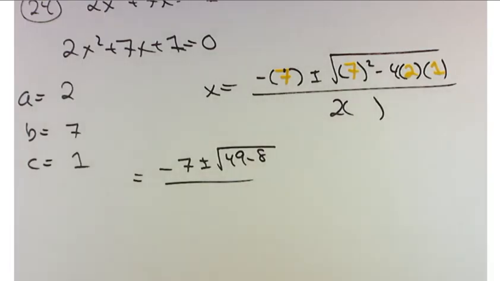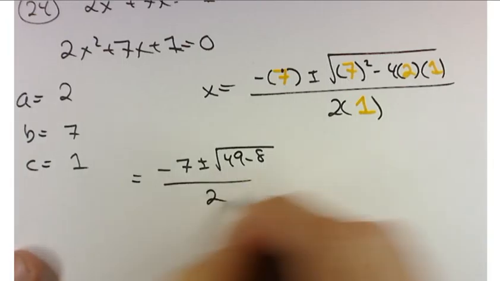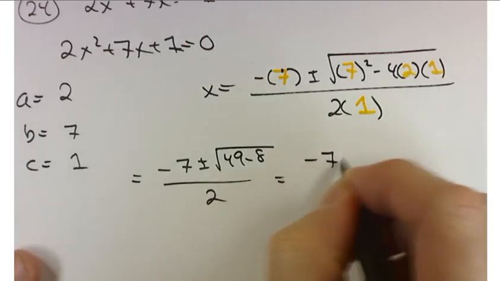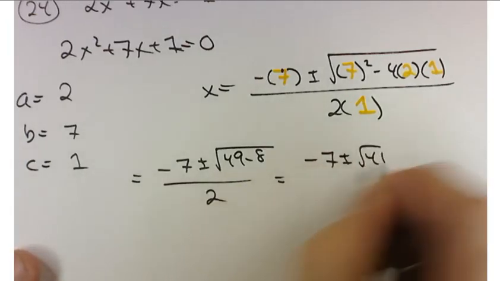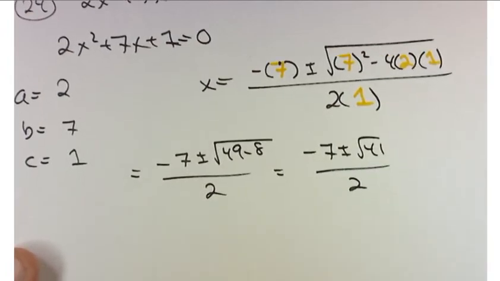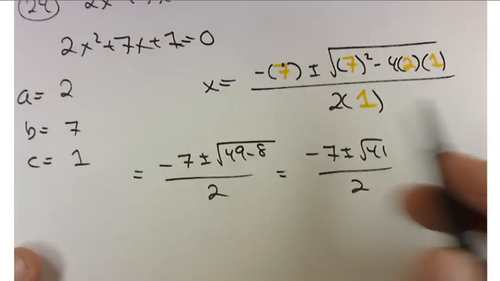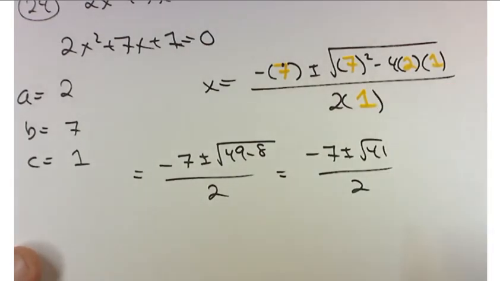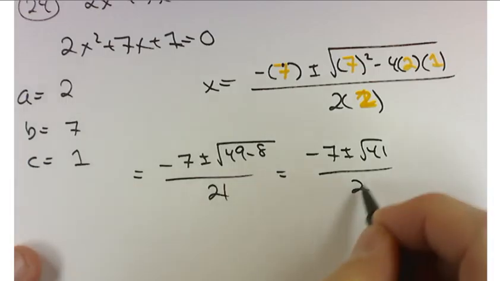Oops, I guess I left out 2 times 1 there. Over 2 times 2. Thank you. So that'd be negative 7 plus or minus the square root of 41 over 4.